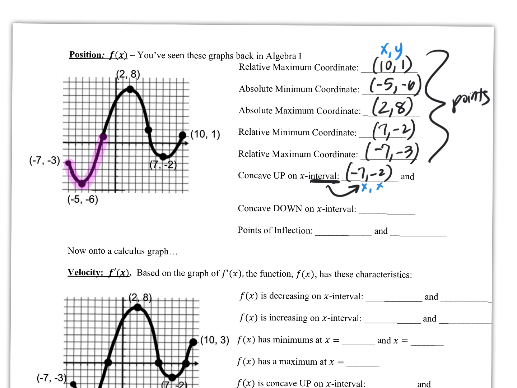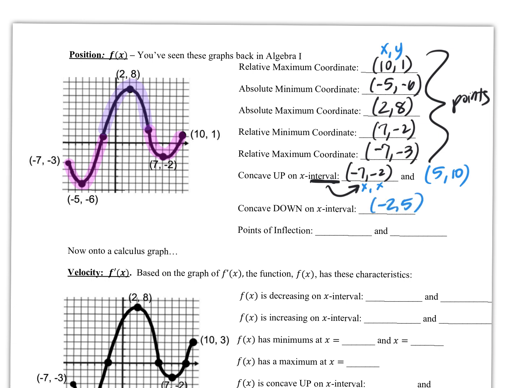Bless you. Where is this also concave up? 5 to, beautiful. I don't know why I don't have another blank there, my bad. Concave down. -2 to 5.